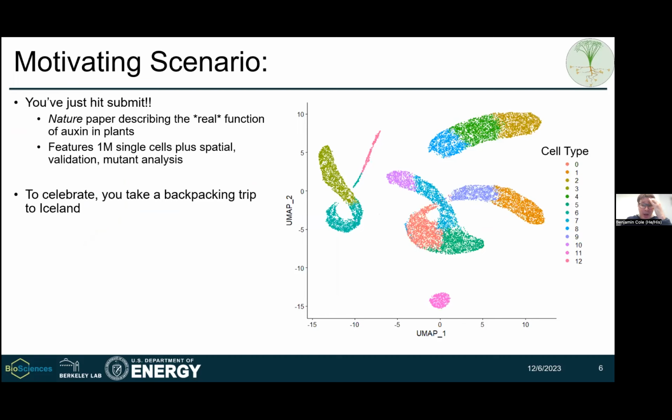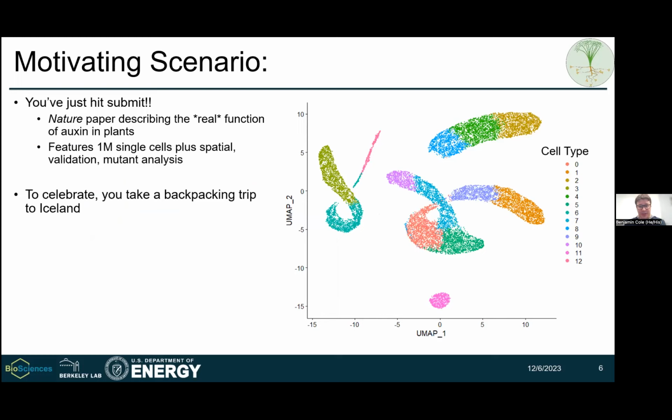And so I presented this last week at a Plant Cell Atlas workshop, and I think it's an interesting motivating scenario that I like to think about when generating my own data. You have executed a single cell study. It's cost the lab tens of thousands of dollars, multiple years of work and analysis and optimization, and you've just arrived at the end.